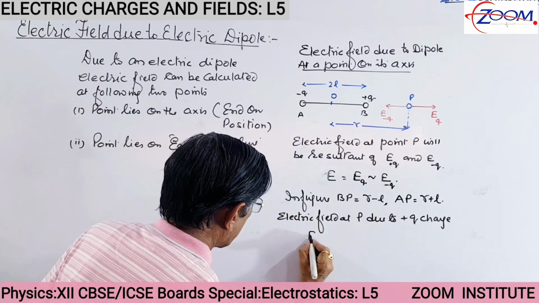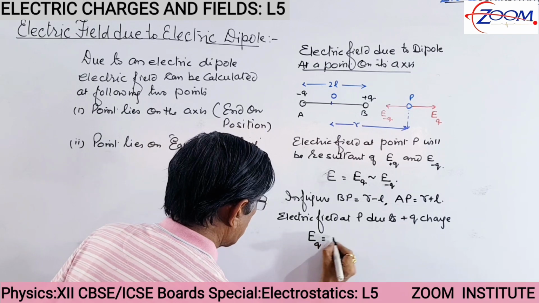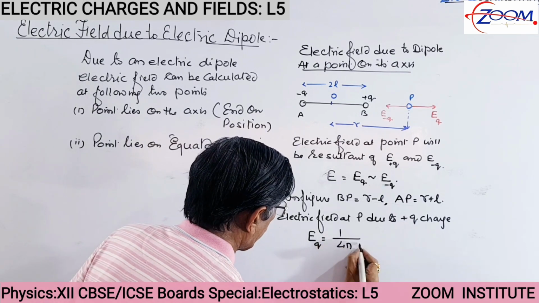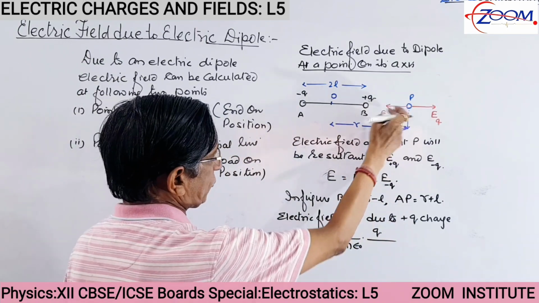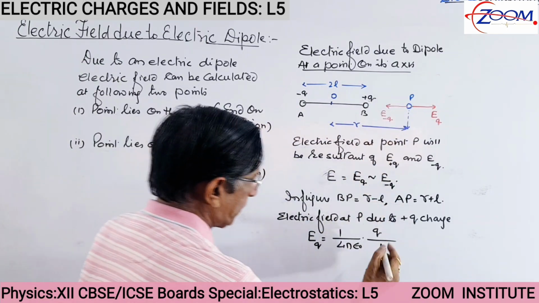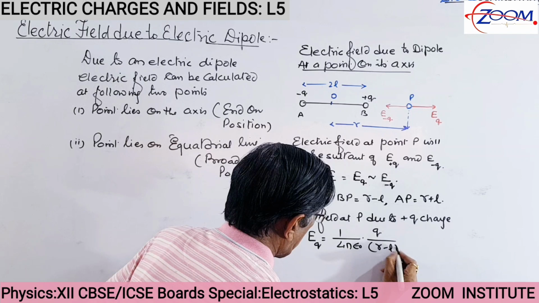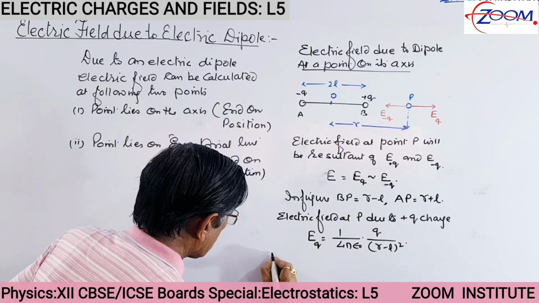We can write E plus Q is equal to 1 upon 4 pi epsilon naught q. For positive charge, the distance is BP, so you can write BP square, (r minus L) square.